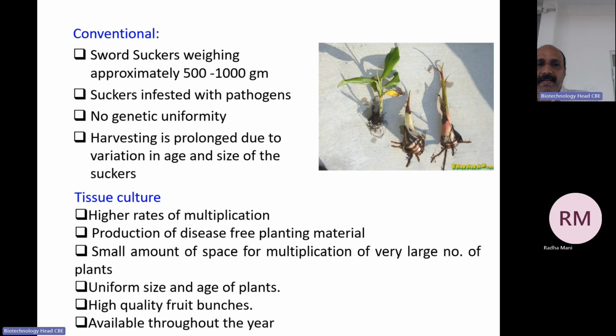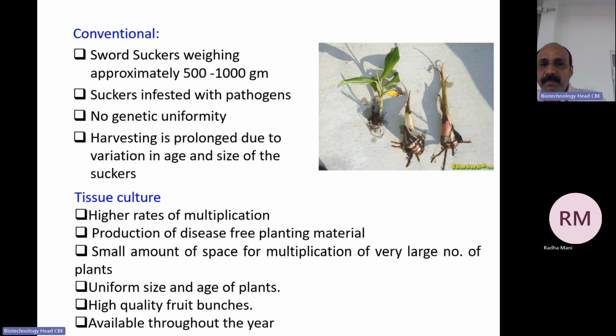So here we can have this production of disease-free planting material, in small amounts. All the advantages of going in for tissue culture: a small amount of space is required for multiplication of a very large number of plantlets. And the plantlets we get will be of uniform size and age, so that all the plants will come for harvest at the same time, right?